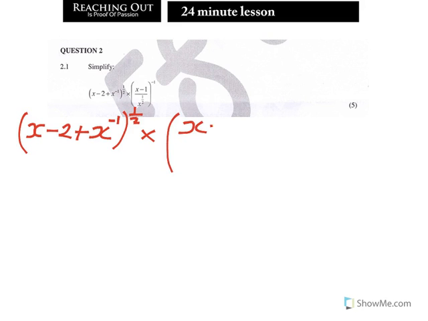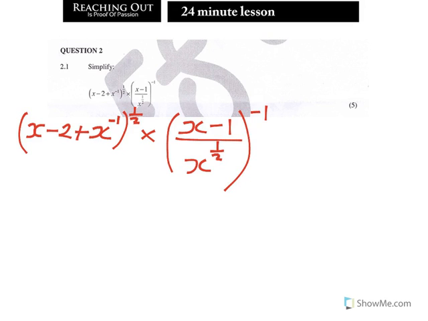You are given x minus 2 plus x to the power negative 1, everything is to the power half, times, then you're given the x minus 1, if we can look at it like this, x to the power half to the power negative 1. Now they were just trying to confuse you there with algebra, but the question itself was not that difficult.